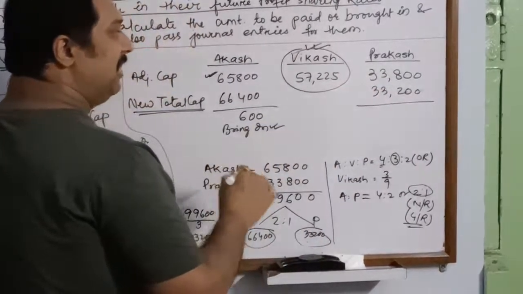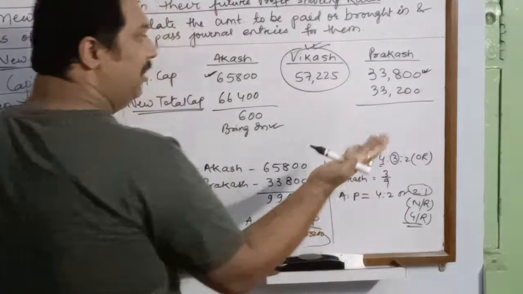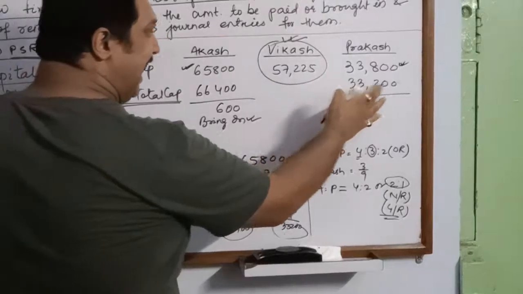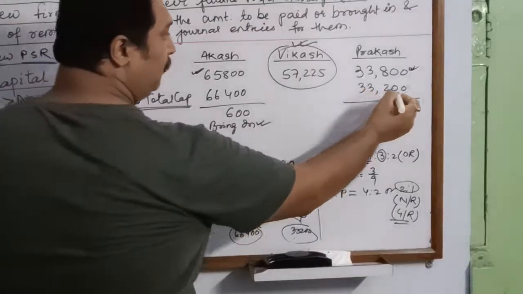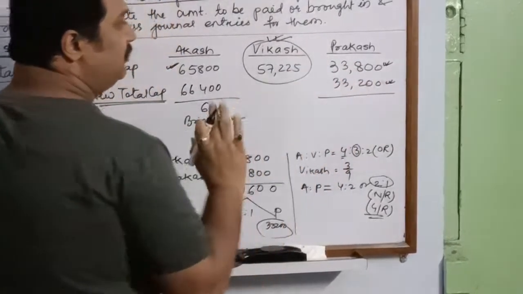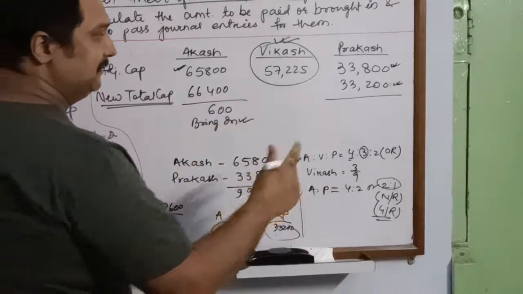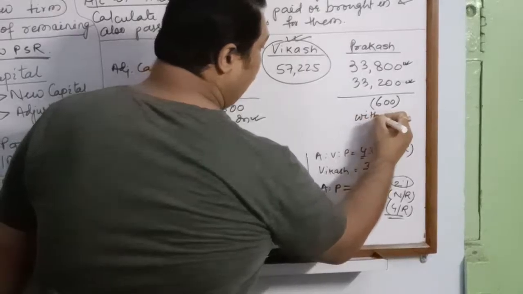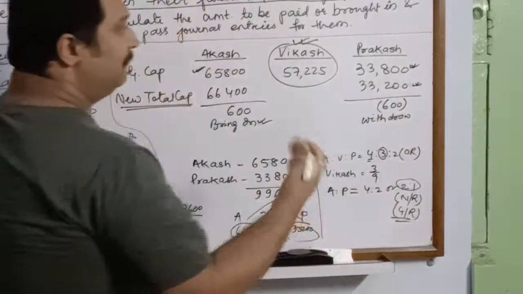And in this case, Prakash, the adjusted capital, means the old capital is 33,800, whereas as per the new capital calculation, he needs only 33,200 to remain in the business. That means 600 is excess, which he will withdraw from the business.